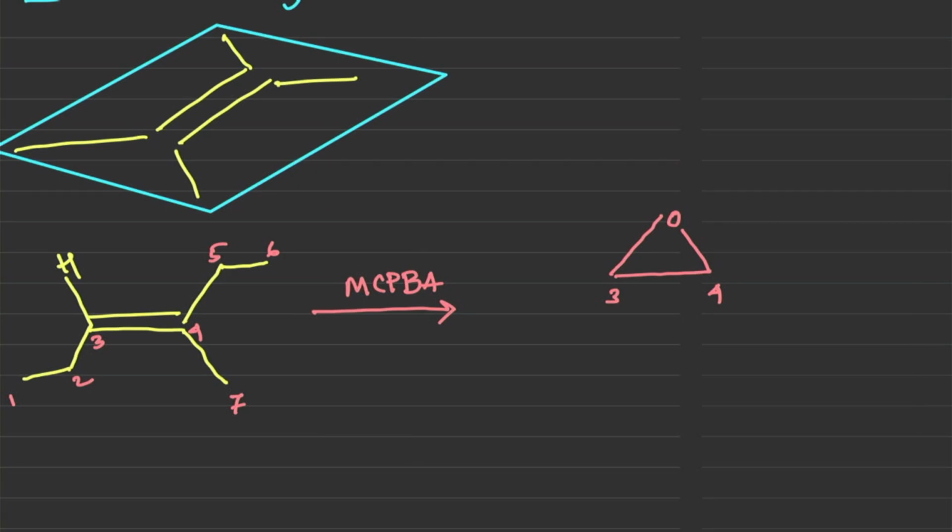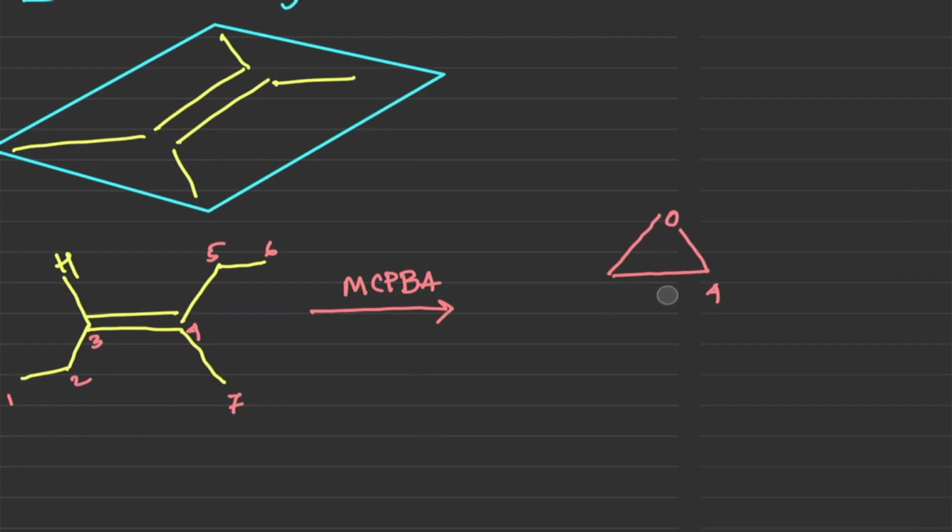Now let's draw our dashes and wedges. Every center is going to have a dash and a wedge. So I'm going to add a wedge, and then I'm going to add a dash.